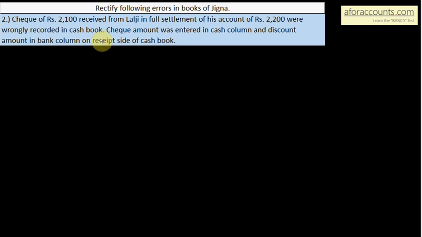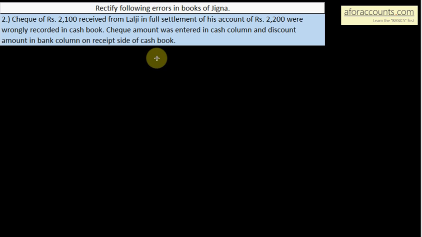But I have received a check, so bank account should have been debited. I recorded it in the cash book. The check amount was entered in the cash column. And the discount amount, how much was the discount? 2200 minus 2100, that is 100, in the bank column on the receipt side of the cash book.